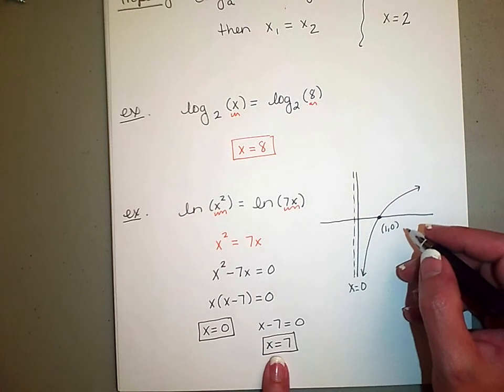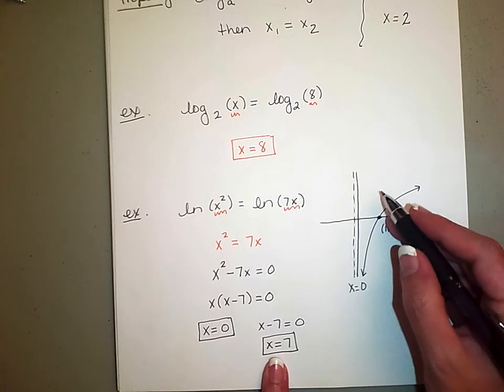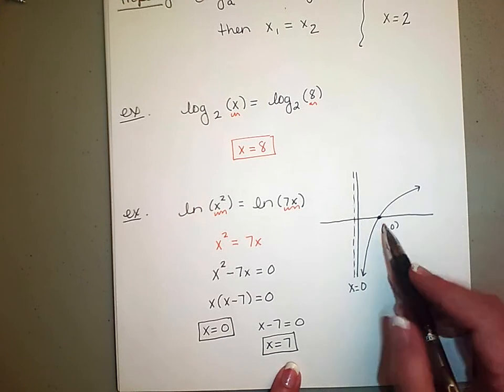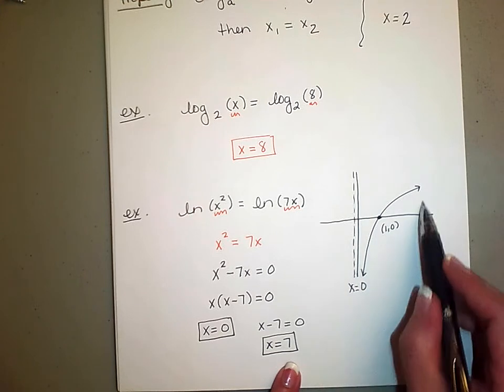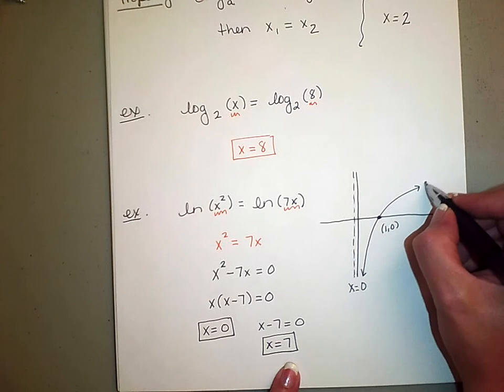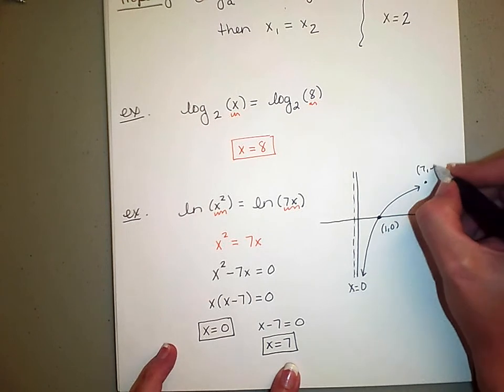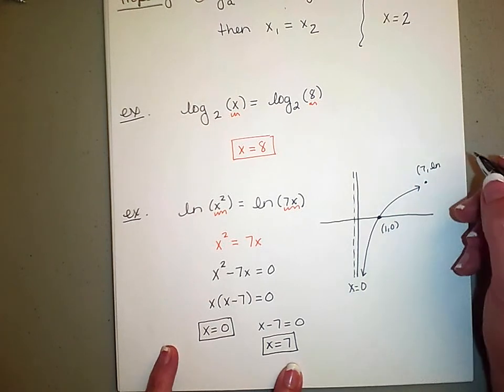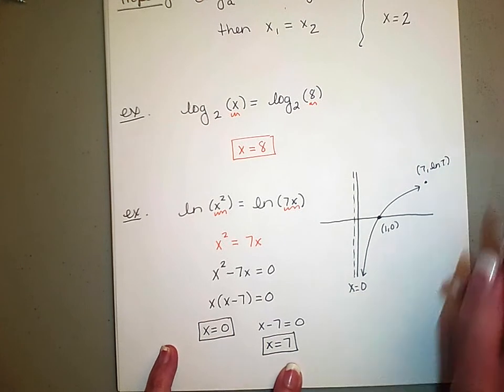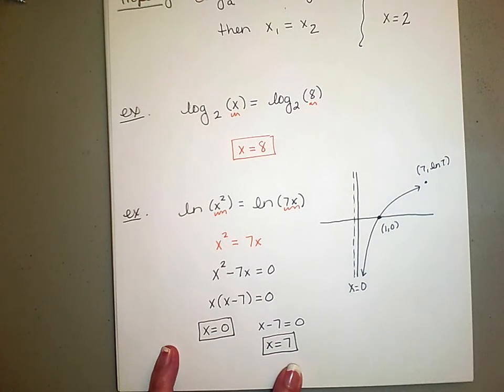So, using this graph, do we keep both of these? X equals 7 is out here, and certainly we could have a point up here on the graph, 7 comma the natural log of 7. That would certainly exist.